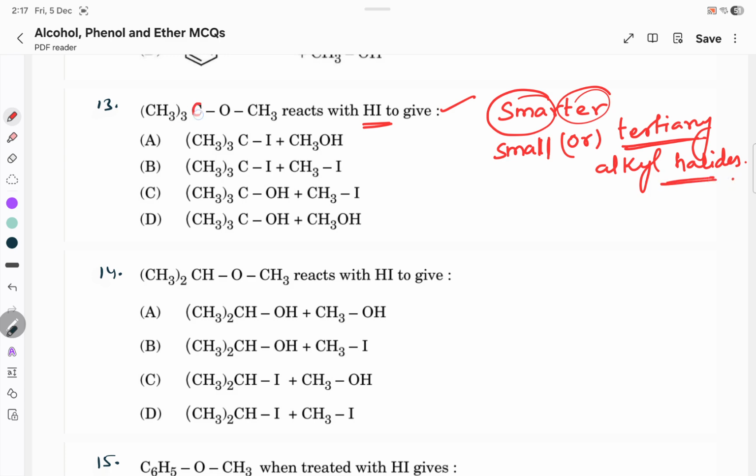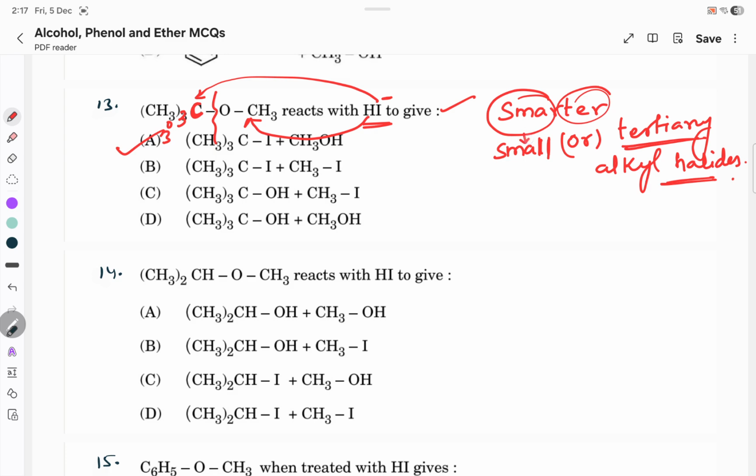In this option, a tertiary alkyl halide is possible. So here this is tertiary. So when I break this bond, this negative part will go to this carbon only. And this H will go to the alcohol side. So option A is the correct answer.